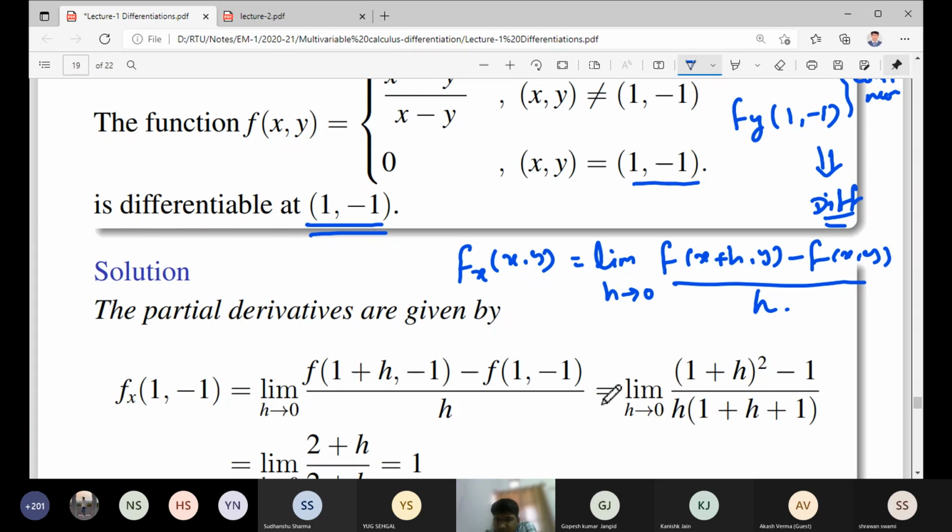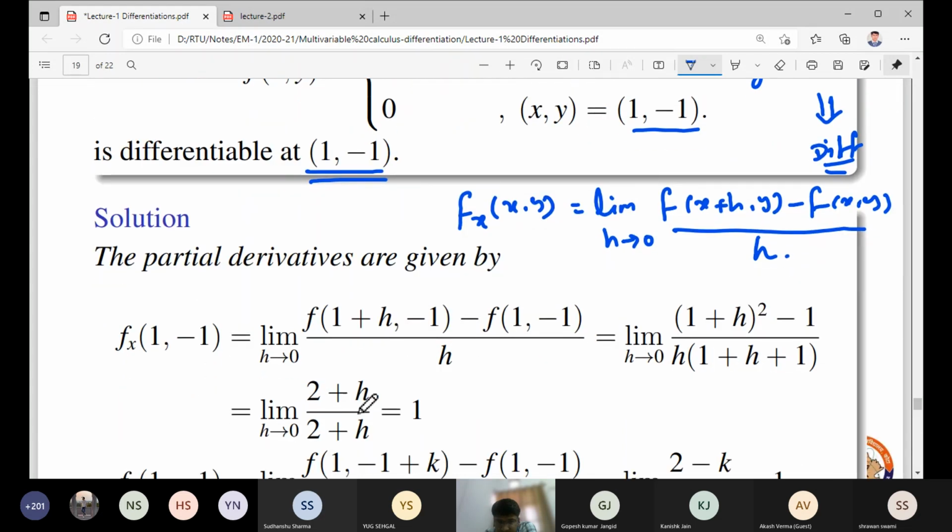Now if we apply the limit as h approaches 0, after simplification the limit of this term is equal to 1. So our partial derivative fx at the point (1, −1) is 1. It means the partial derivative exists at the point (1, −1).